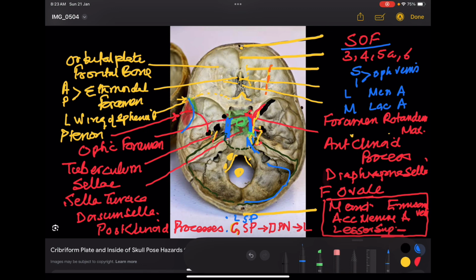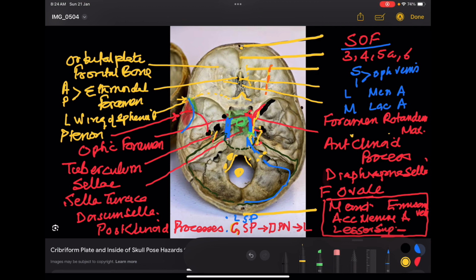The two become the internal jugular vein, and between the two lie the three nerves, the 9th, 10th, and 11th. The 9th is the glossopharyngeal, the 10th the vagus, and the 11th the accessory.